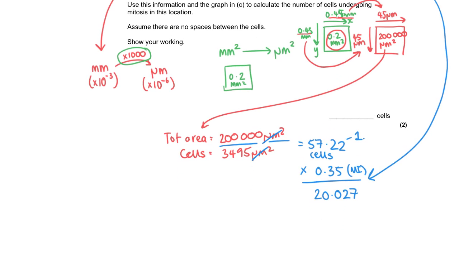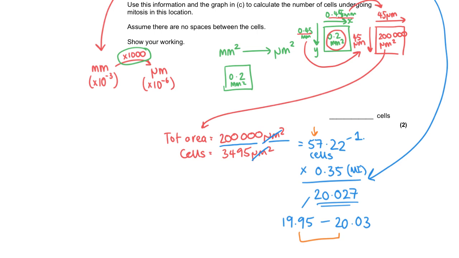Answers you could have had were between the range of 19.95 to 20.03. This answer obviously fits, and the range itself is there because of things like rounding. So if you turned this 57.22 into 57, you would have got a different value. If you said 57.2, you would have got a different value.